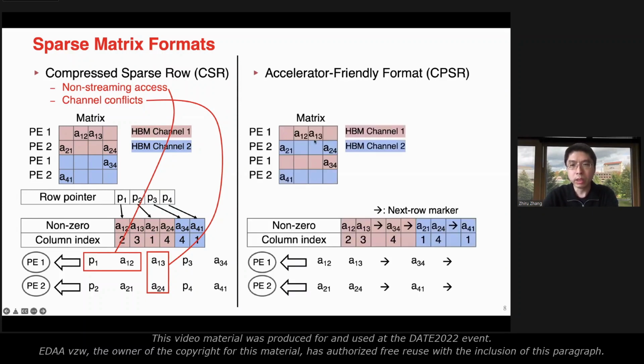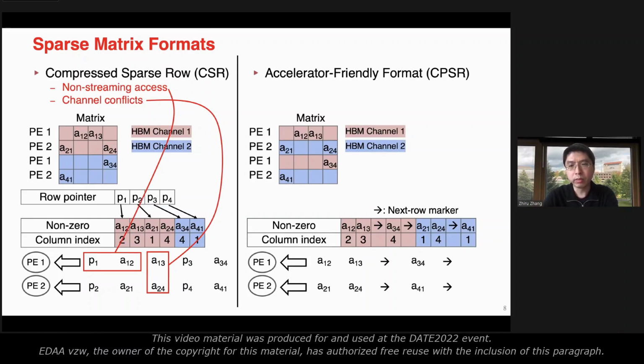This is where we partition or arrange the rows in cyclic interleave formats to consider the row-based parallelization. And also we remove the row pointers. Instead, we insert this next row marker. So this is really a trade-off between the storage efficiency and the access regularity.